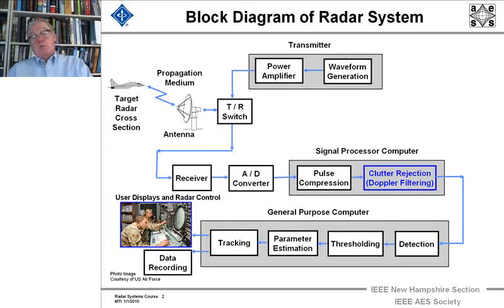And as you'll see later on, with airborne radars, the clutter rejection problem is a very difficult one. We're going to put a whole lecture on that. So here's this whole area of signal processing. After we've done the pulse compression, we're going to do the clutter rejection, and I'm going to start from scratch and build it right up so that you can see where we are today.